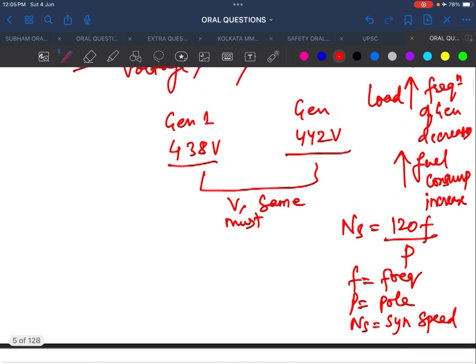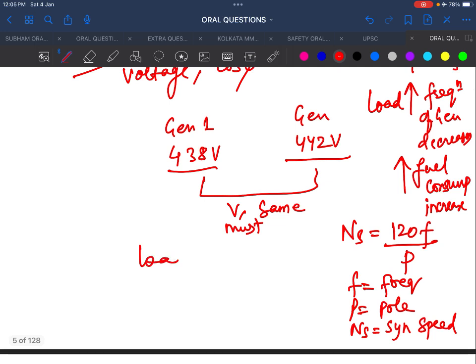So you see here, if the load on the generator is increasing or decreasing because of the power difference, the frequency also changes. Frequency will decrease because there is more reactive power.